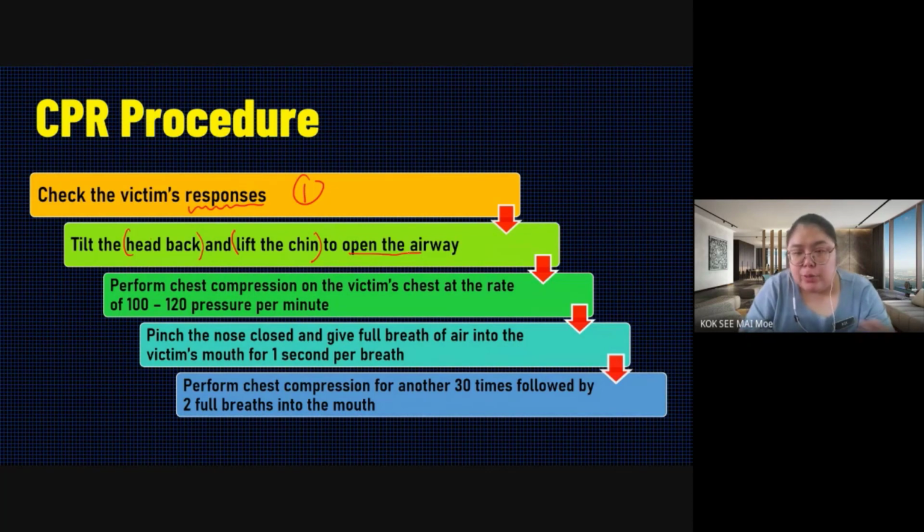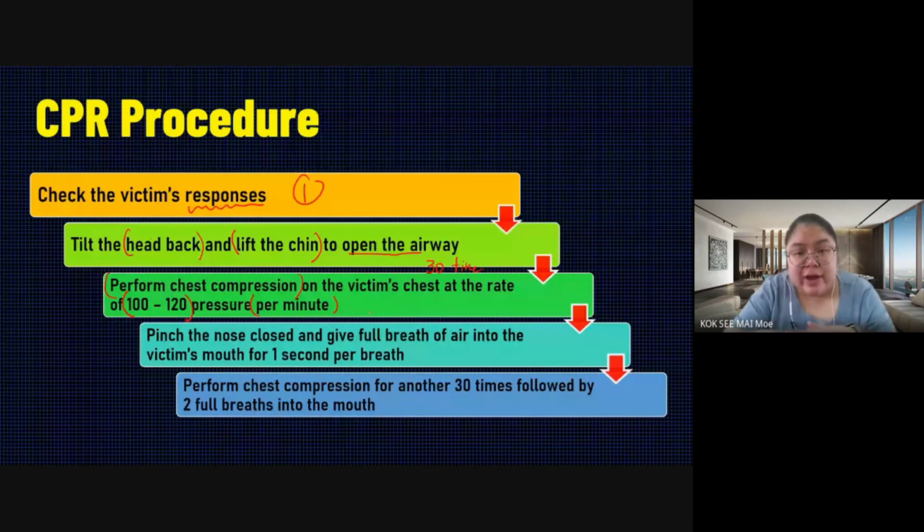The air goes in through the nose and also through the mouth, so it is easier to go in. After that, you start to perform chest compression on the victim, 30 times. Fast 30 times, at a rate of 100 to 120 compressions per minute.